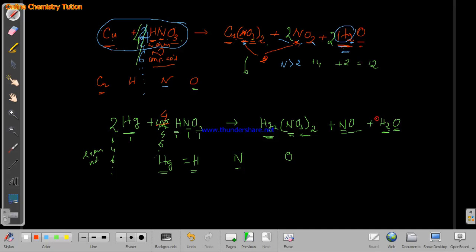You should add 2 here. You have to check the other also. You have to make 2 here. Now you see nitrogen is balanced. Ag is balanced. 2 to 4 nitrogen is balanced. 4 hydrogen is balanced. Now we'll go to oxygen.